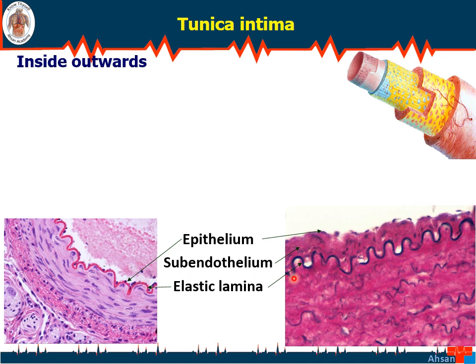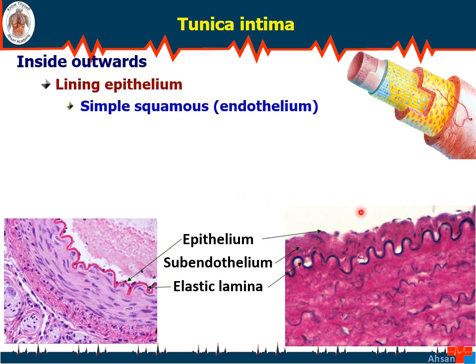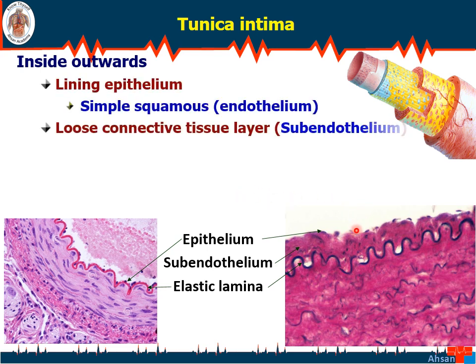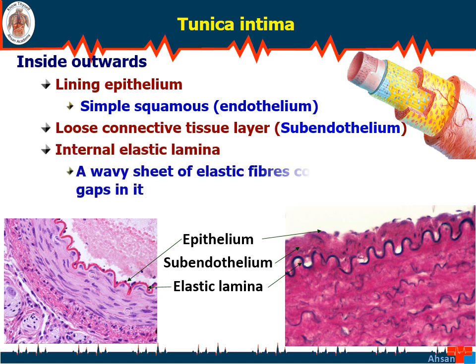After that we will get one sheet of elastic tissue and this is known as internal elastic lamina. So up to this is the intima. So lining epithelium is simple squamous, which is known as endothelium. After that, loose connective tissue known as subendothelial connective tissue or subendothelium. Then is the internal elastic lamella. This is a sheet of elastic type of connective tissue.